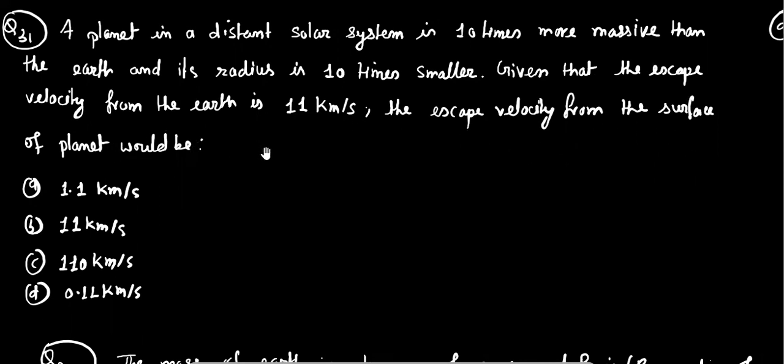of that particular planet will be, well, first of all, we have to know the expression of the escape velocity on the surface of Earth, which is root under 2gR, and we have to replace this g in terms of mass and radius, because we have to compare between mass and radius.